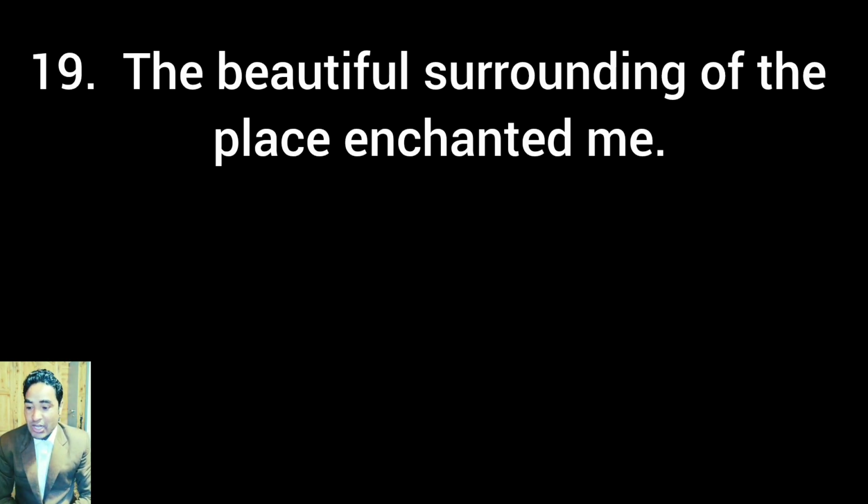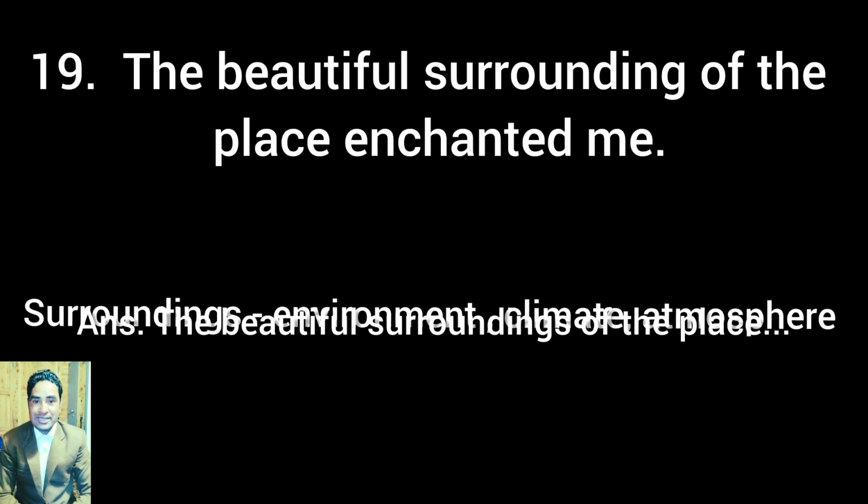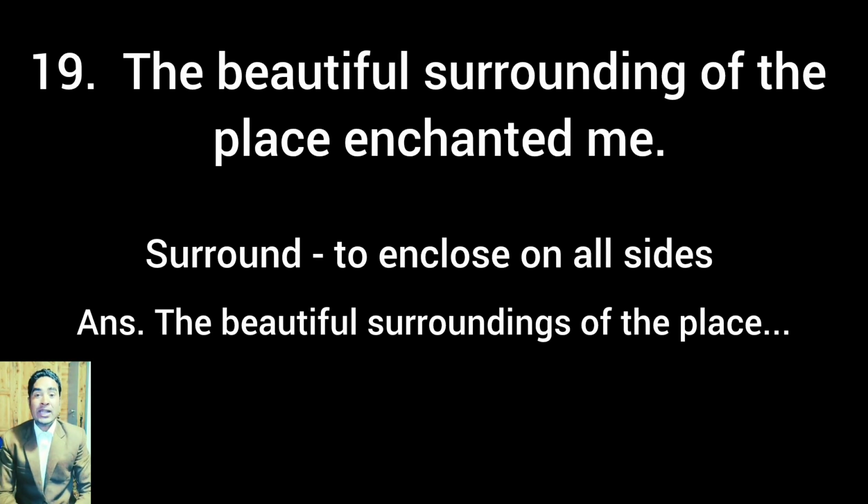The beautiful surrounding of the place enchanted me. Guys, the same question, like outskirt and outskirts. Here the answer is the beautiful surroundings of the place. Surroundings means environment, climate, atmosphere. And surrounding without s is the fourth form of the verb surround, that means to enclose on all sides.